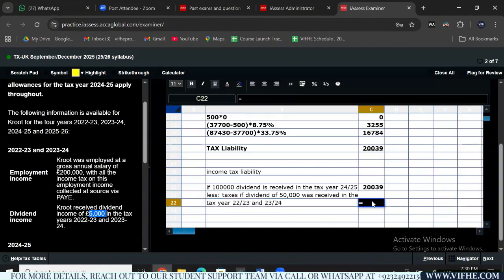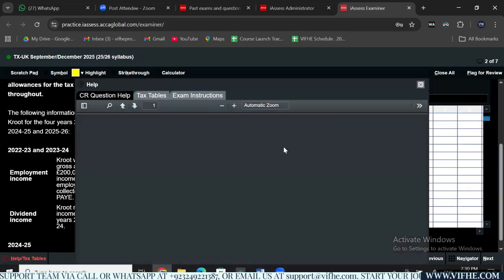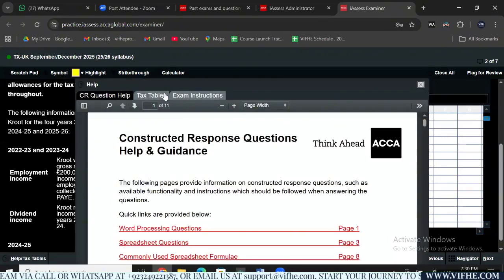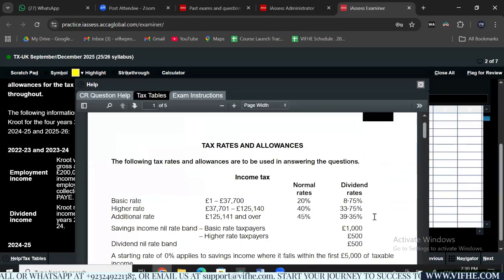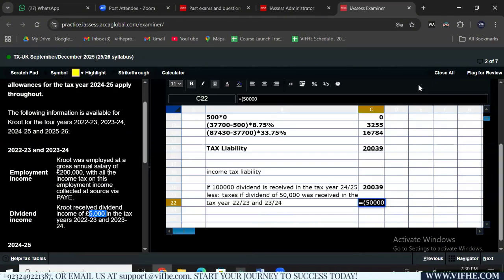So £50,000 would be charged at the additional rate. And what the additional rate for dividends is, this is 39.35%, without taking into account the nil rate band because it has already been consumed. 39.35%. And this is the tax liability for one year.